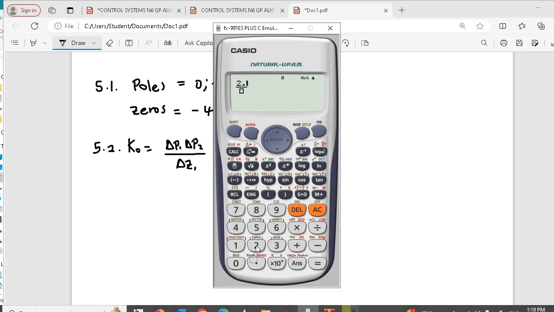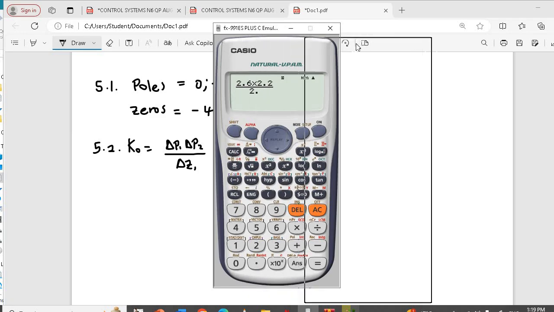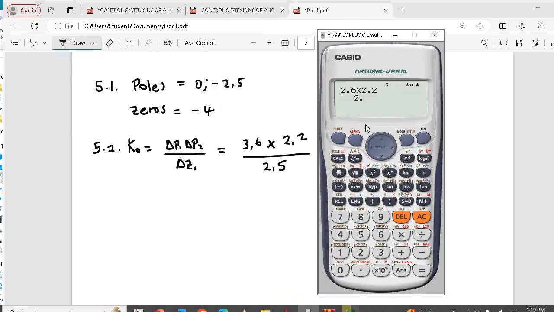Then now we can calculate our K0 quick. 2 comma 6, 2 comma 2. Okay, let me confirm. Yeah, but I could sense that something is not fine.